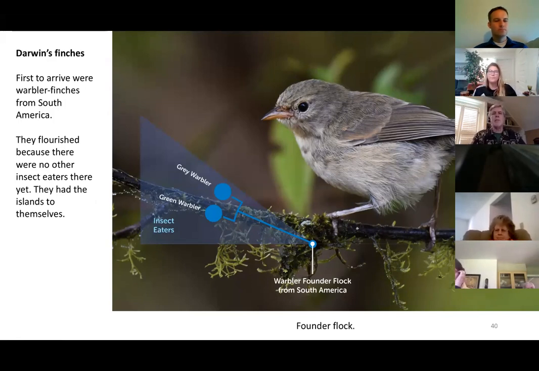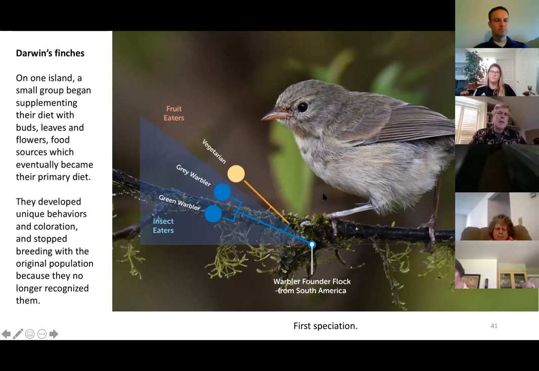What happened was a founder flock from South America, warblers, made it to the Galapagos Islands. And they had no competition. They were insect eaters, as they were in South America, and they thought, wow, this is great. There's no one else here. We'll eat all the insects. And so they did fine. And they went to different islands. And so you ended up with warblers on most of the major islands in the Galapagos.